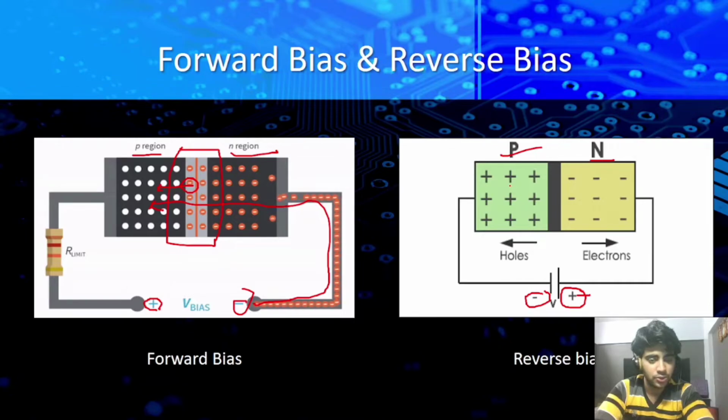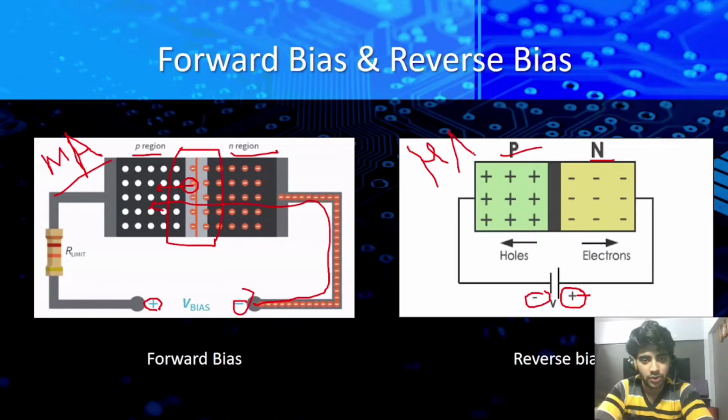That's why there is negligible flow of current. The flow of current in forward bias is always in milliamperes, whereas the flow of current in reverse bias is always in microamperes.